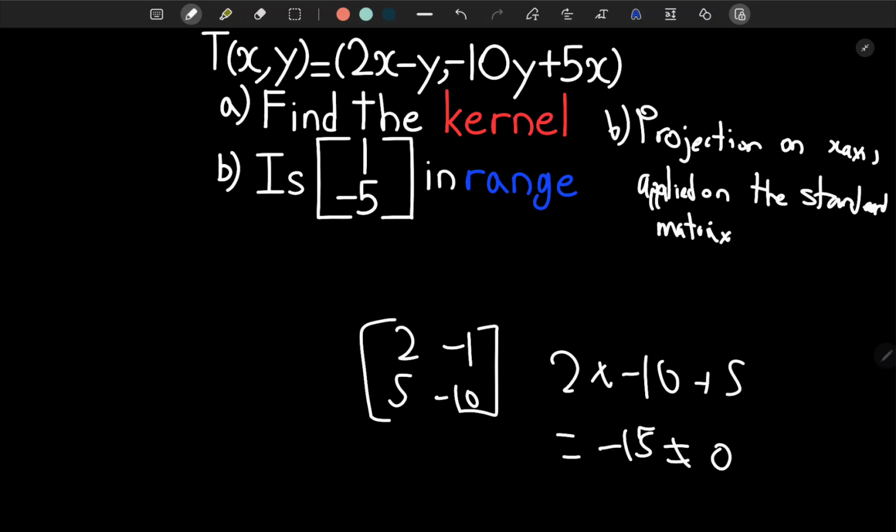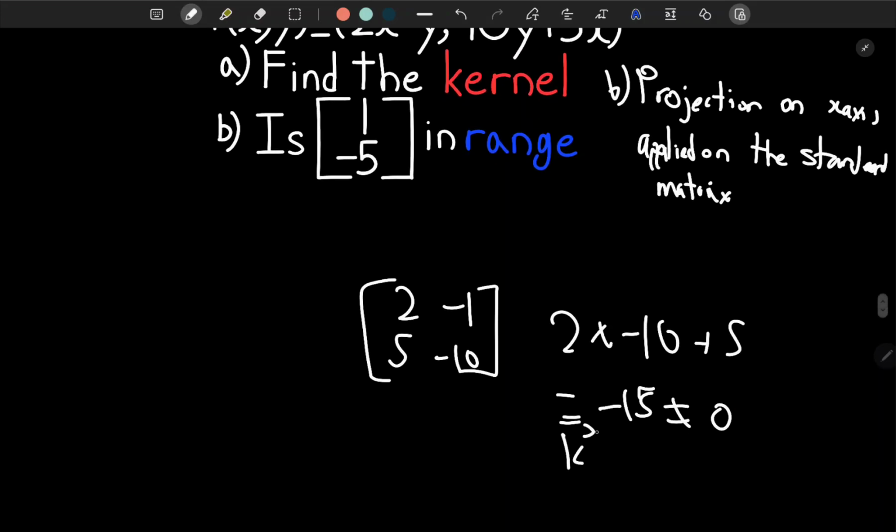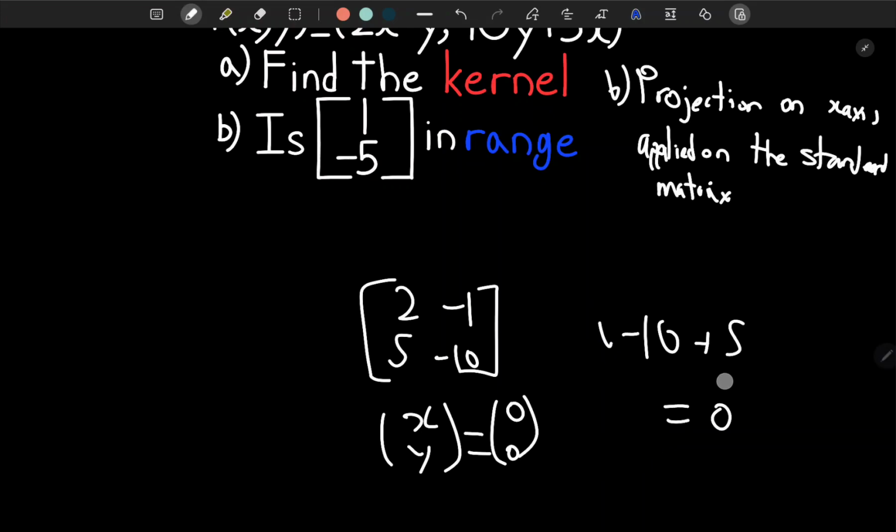So here we can directly say that the kernel is equal to 0, so x y is equal to 0 0, like this. And sorry to mention this, you have to write the kernel is equal to the 0 vector. You can't write 0 like that, you have to mention that it's a vector.